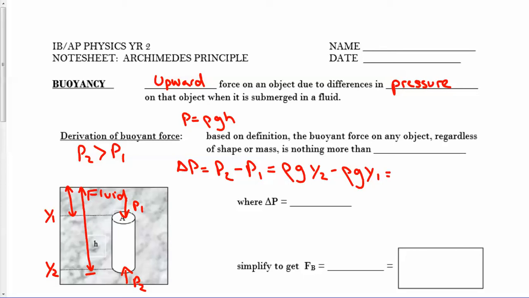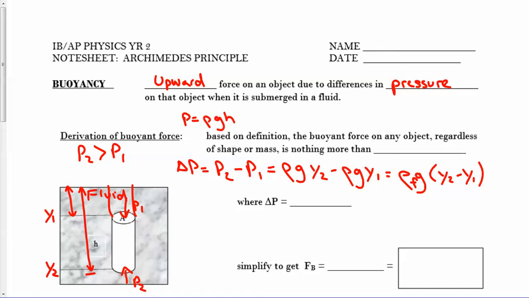So we could pull out the rho, and we have some y2 minus y1. Or, excuse me, we pull out both the rho and the g. Now, it's important to realize that rho is the density of the fluid, right? The pressure is due to the column of fluid that's above that surface.